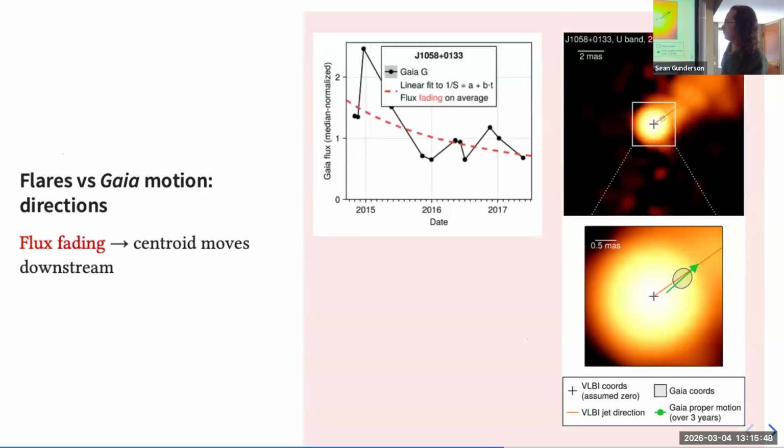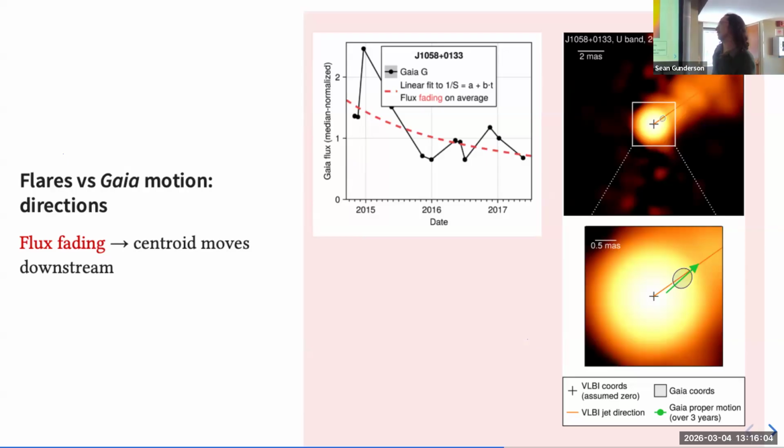And we have the opposite scenario where the Gaia flux is fading. You have a flare closer to the beginning of the time span, and the proper motion points away from the jet origin.